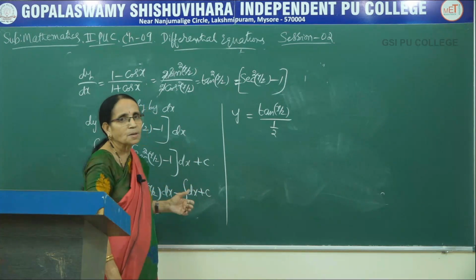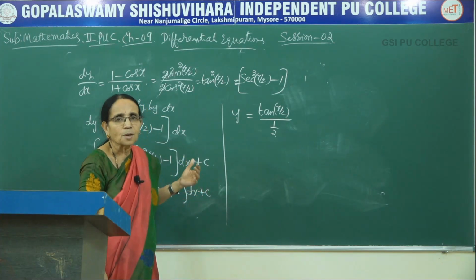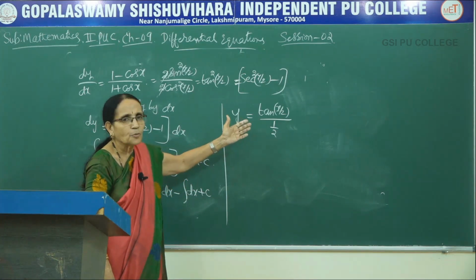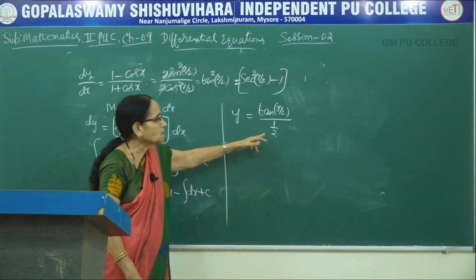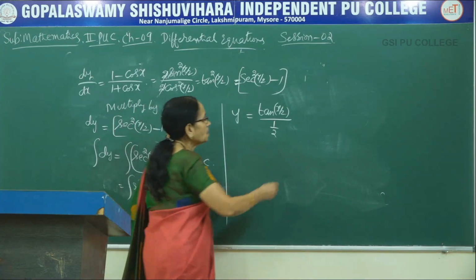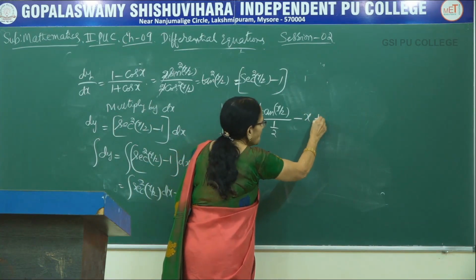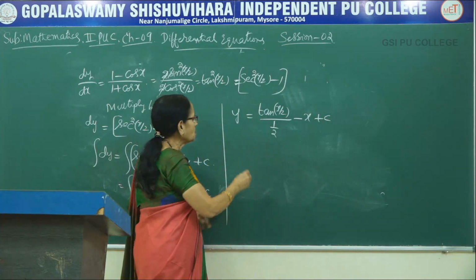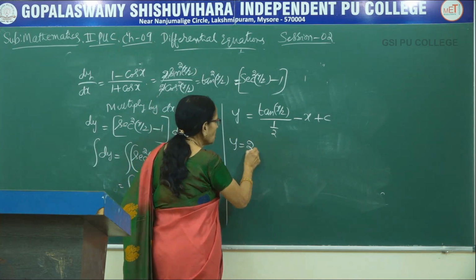So, secant square x has the integral tan x. So, secant square x by 2 has the integral tan x by 2 and the coefficient of x is 1 by 2 which has gone to the denominator. And then integral dx is x and the constant. This 2 being the denominator of the denominator goes to the numerator.